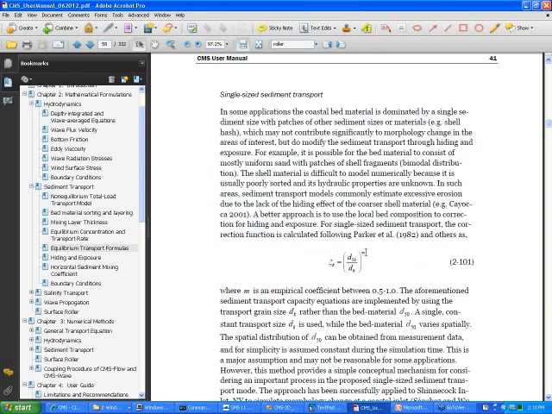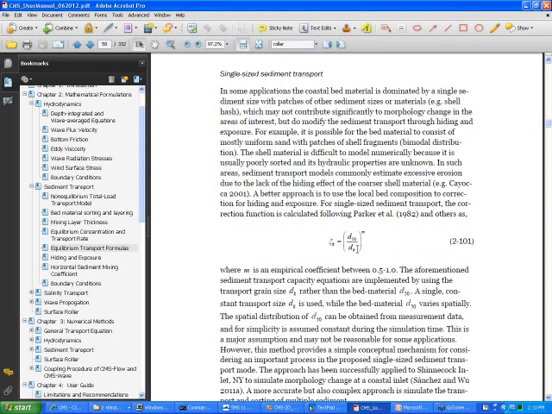And you have this empirical coefficient m, which varies between about 0.5 and 1, depending on the transport formula and site-specific characteristics. As you can see, it's only a function of d sub k, which is the transport grain size, and d50, which is the local bed composition.